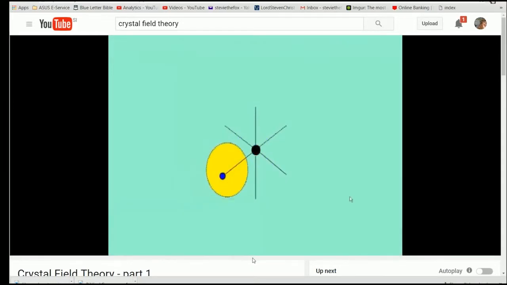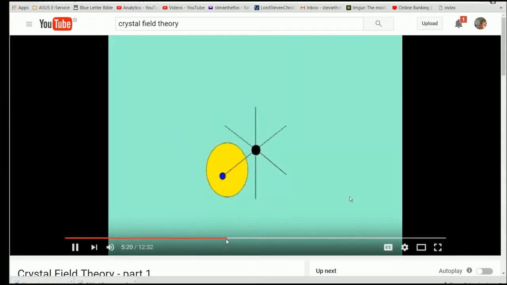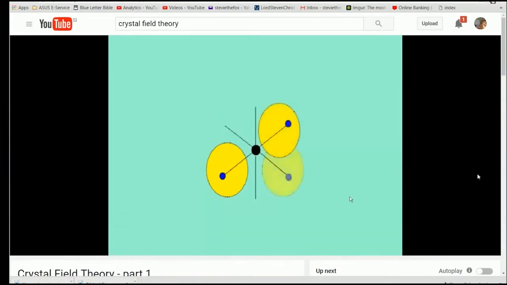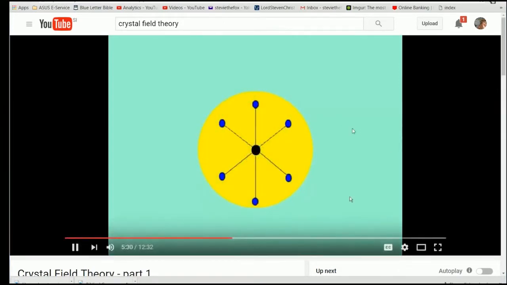Would have their own negative field surrounding them. But when they all come together around the metal cation, they effectively form a spherical field around the metal.